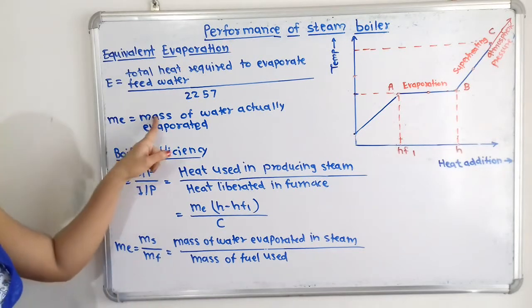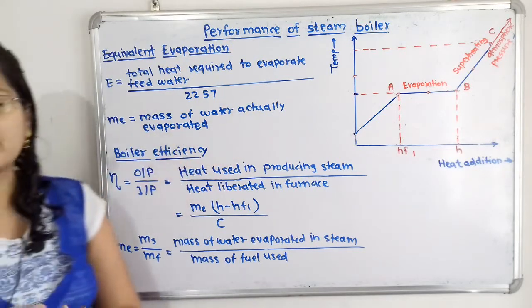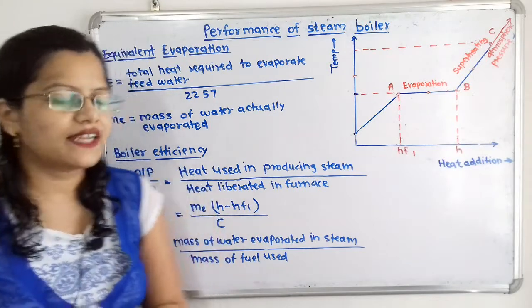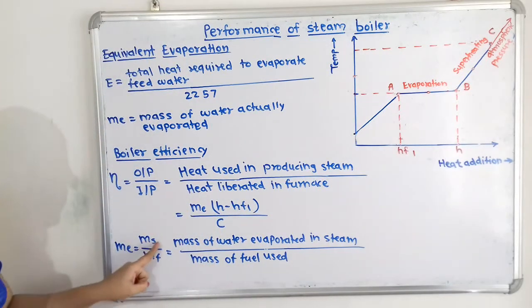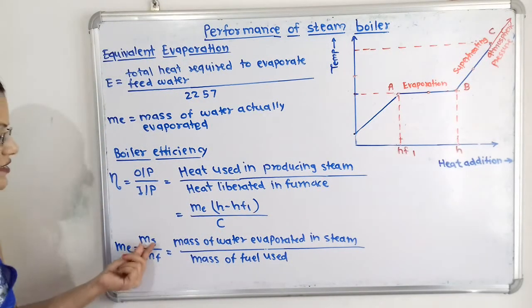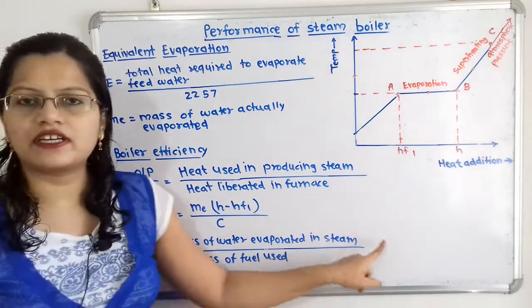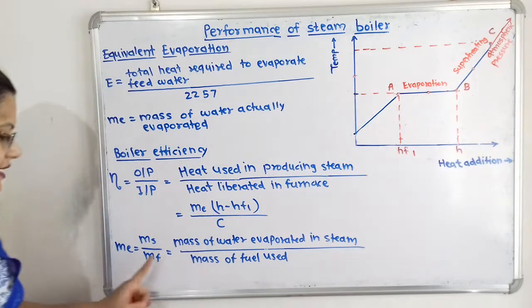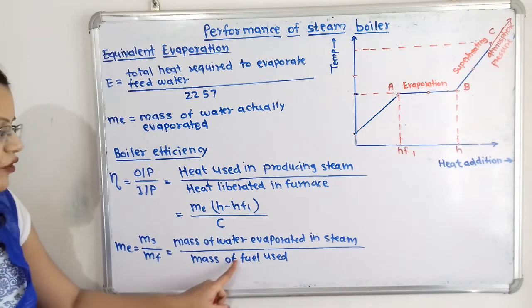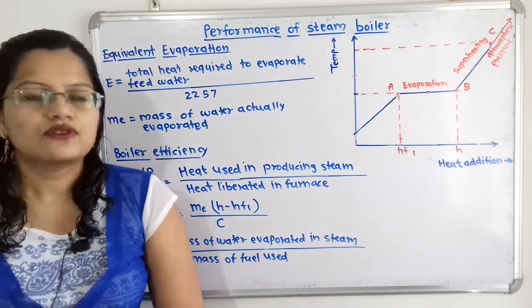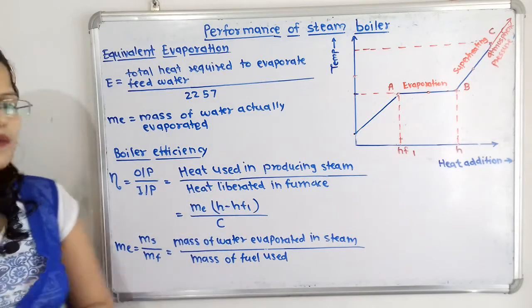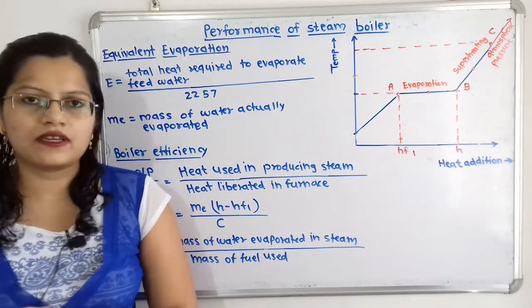That is, this is the mass of water actually evaporated. So we can take also in the form of Ms by Mf. Now what is this Ms? So this is the mass of water evaporated in steam, and divided by Mf, that is the mass of fuel used. So these are the formulas important to calculate the boiler efficiency.